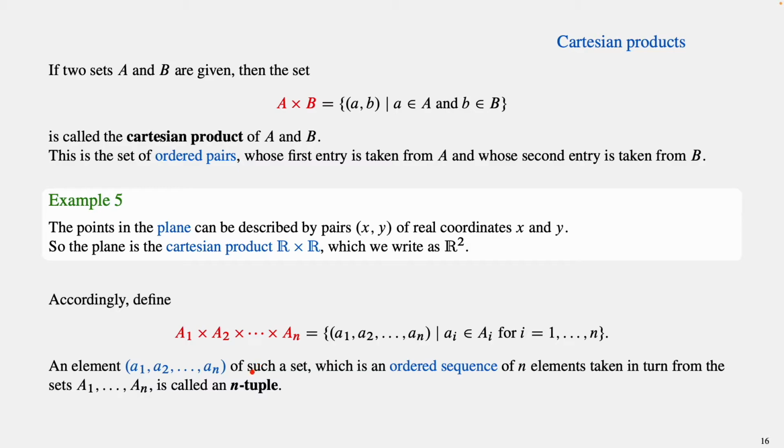And such an ordered sequence of n elements is called an n-tuple. Okay, so the Cartesian product of the sets A1, A2 up to An is a set of n-tuples where the first entry is taken from A1, the second entry is taken from A2, and so on, and the last entry is taken from An.